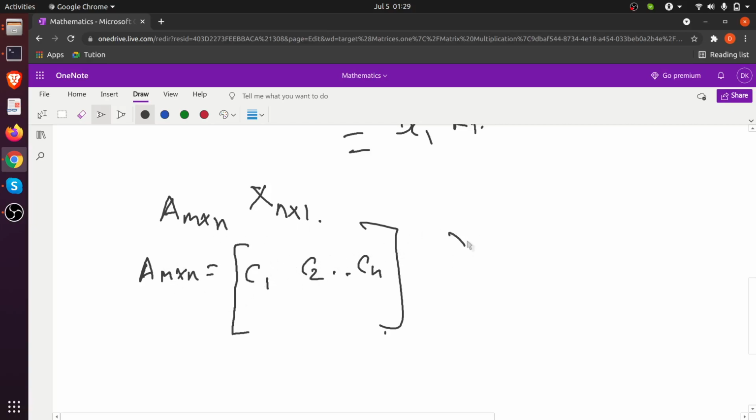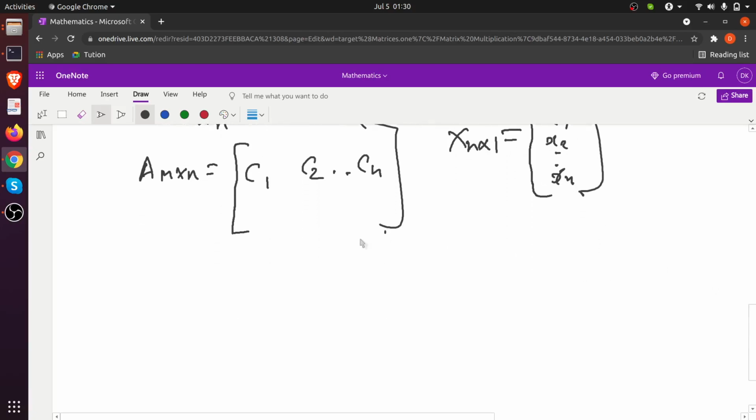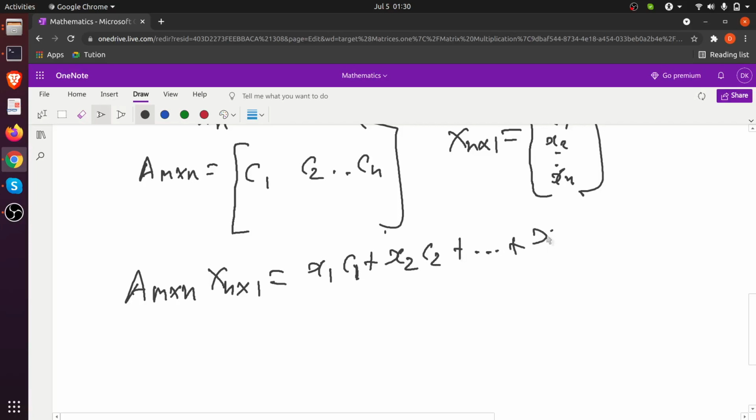Let us represent the column vector x as x1, x2 up to xn. By the same reasoning, we can prove that A of m cross n into x of n cross 1 is equal to x1 c1 plus x2 c2 plus so on up to xn cn. So this is a sum of column vectors.